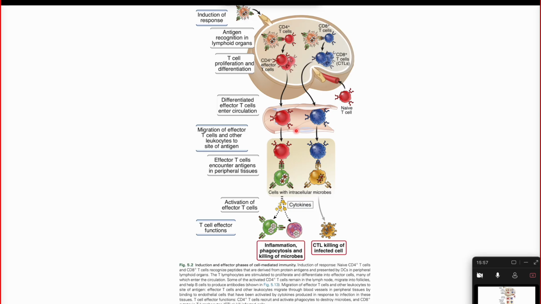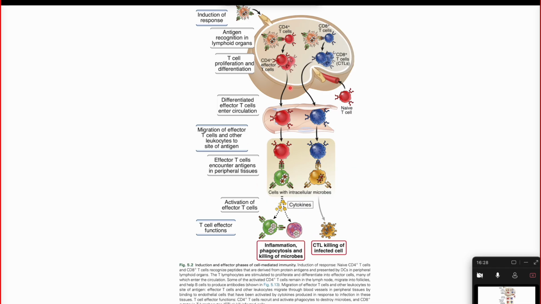Once the differentiated effector T cells leave the lymphoid tissue, they migrate to the place where the antigen is predominantly present, leading to the effector T cell encountering antigens in the peripheral tissue. This will lead to activation of the T cell, and once it is activated, it will kill either by inflammation, enhancing phagocytosis, or directly killing the cell.